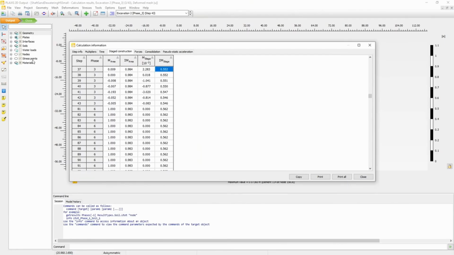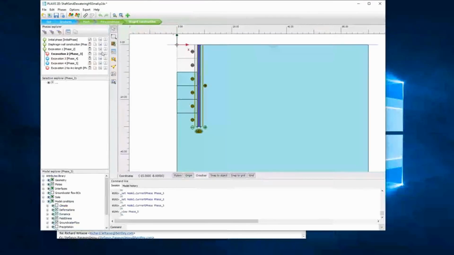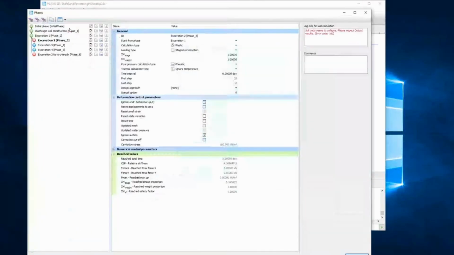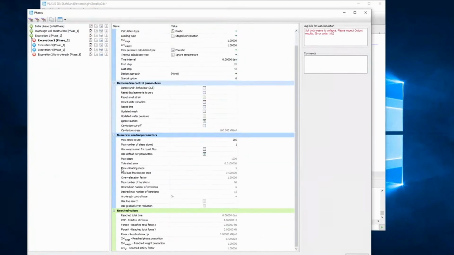Next to that, if we go back to Plaxis, we have another feature here. Let me open and show that to you. In the control here, there is something called the maximum number of unloading steps, which is set to 5, which means that if Plaxis does more than 5 consecutive unloading steps, it will stop no matter what.